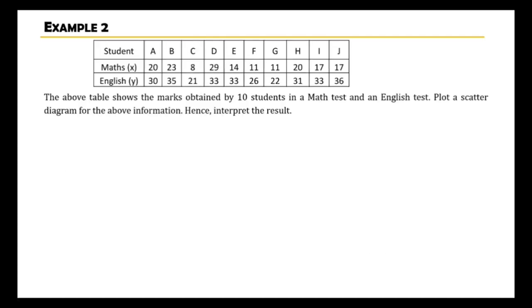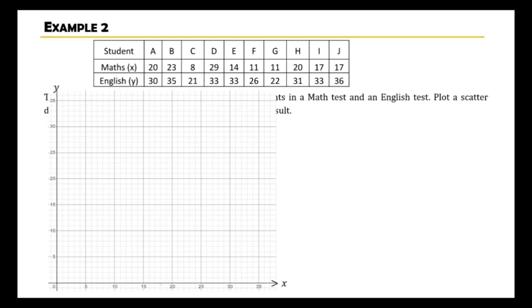Example 2. The above table shows the marks obtained by 10 students in a math test and an English test. Plot a scatter diagram for the above information, hence interpret the result. So in the scatter diagram, x is the math test and y is the English test. For student A, when x is 20, y is 30.